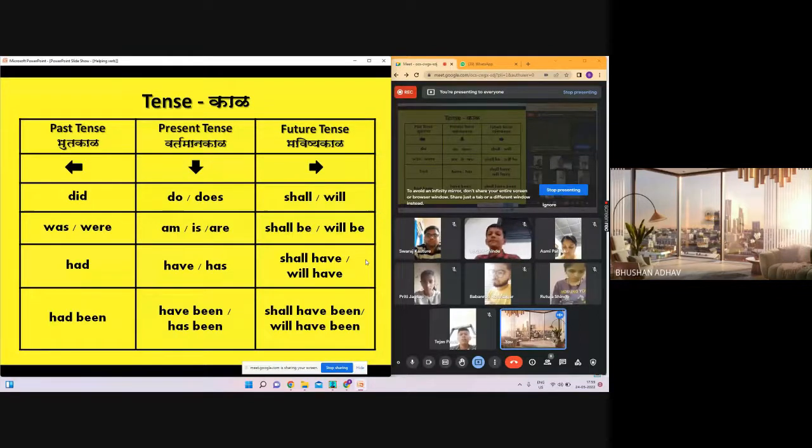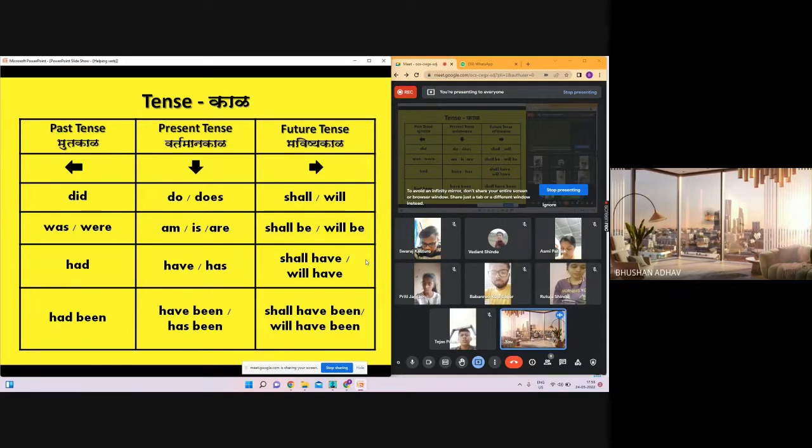The 5 words are over there. And 9 words are over there to recognize the present: do, does, am, is, are, has, have been, and has been. And then in the future, 8 words are over there.